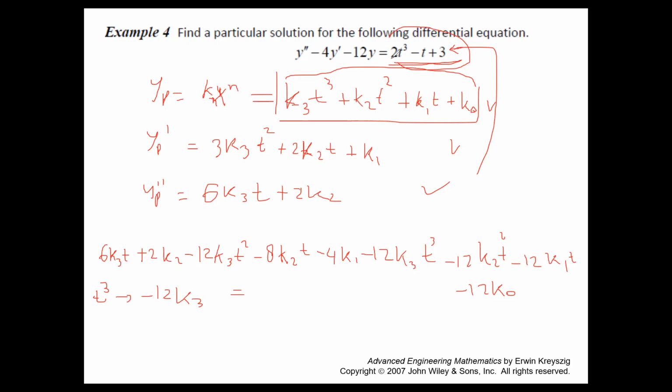The right hand side is 2t cube minus t and then plus 3, so the coefficient is only 2 over here. So you can find K3 is equal to what value?